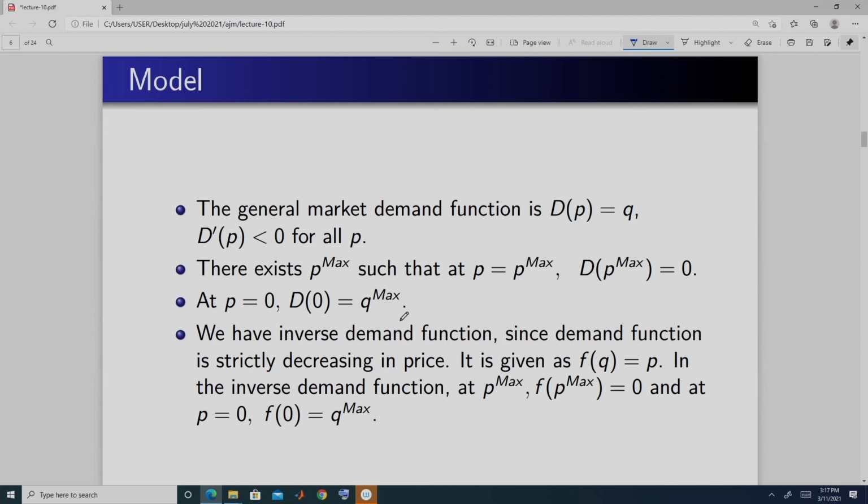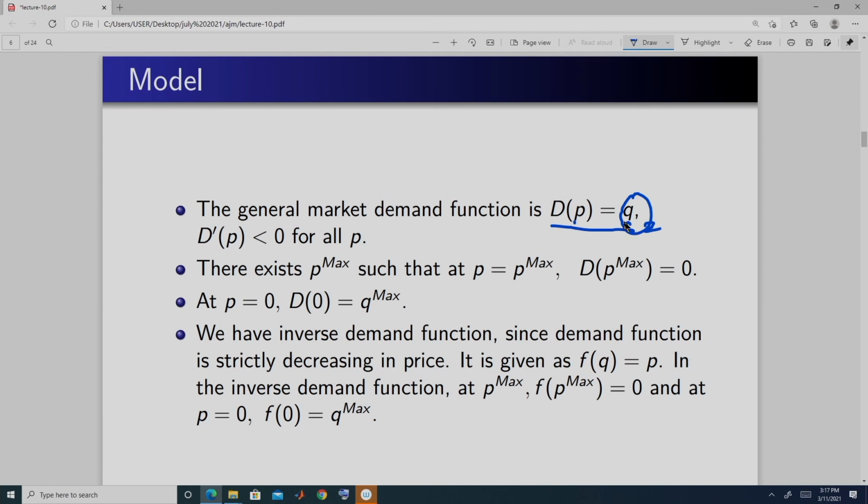And next we will specify the nature of the firm in this market. So, first we will specify the market demand. This is our demand curve, the demand function you can say, which is given by this function D. So, you plug in the prices and you get the market output, this q, the market demand. At each price p, how much of this particular good is demanded in the market is q.